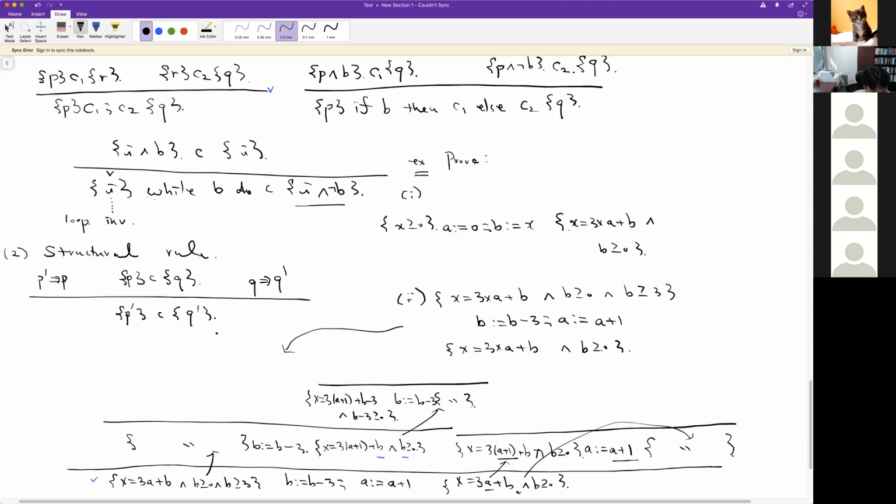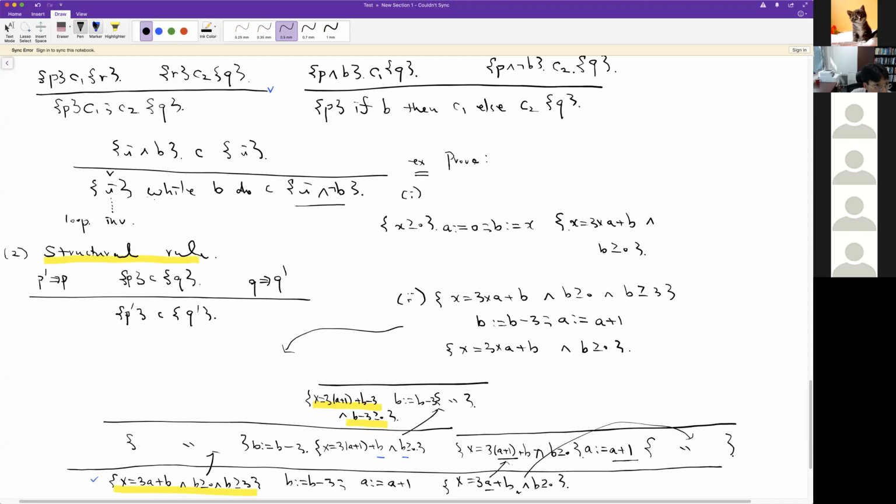Now there is still some mismatch. The precondition that we computed here is not exactly the precondition that we started with. They are a bit different, and fixing this mismatch is done by the structural rule.